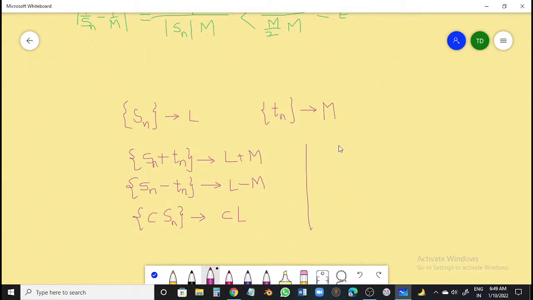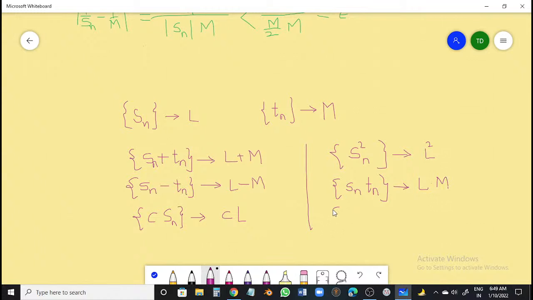One more thing we have seen, if we handle Sn square, the sequence of squares of those terms which are converging to L, surely this converges to L square. This is also proved. One more thing, if we take term-wise product, means Sn into Tn, we have seen that it goes to L into M.